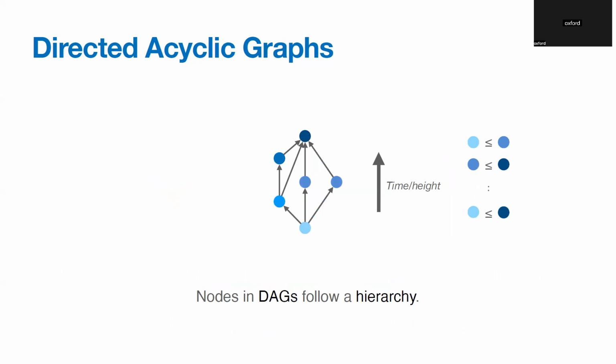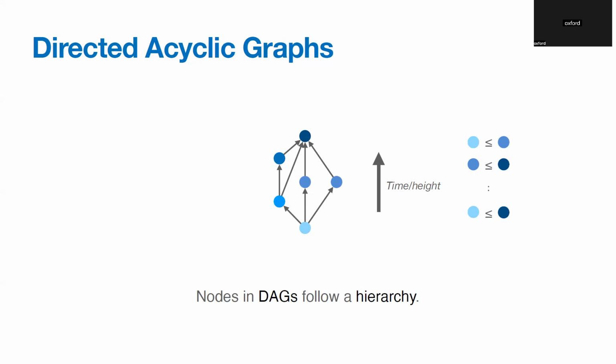One thing that is also important with DAGs is that they follow a hierarchy, right? And that's directly related to the notion that you have no directed cycles, so you cannot go back to where you started from. So you have this notion of strict hierarchy that allows you to have an ordering or pseudo-ordering on the nodes.